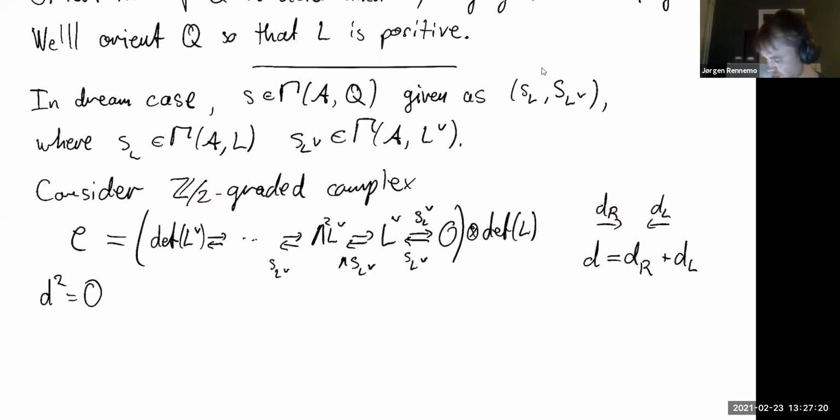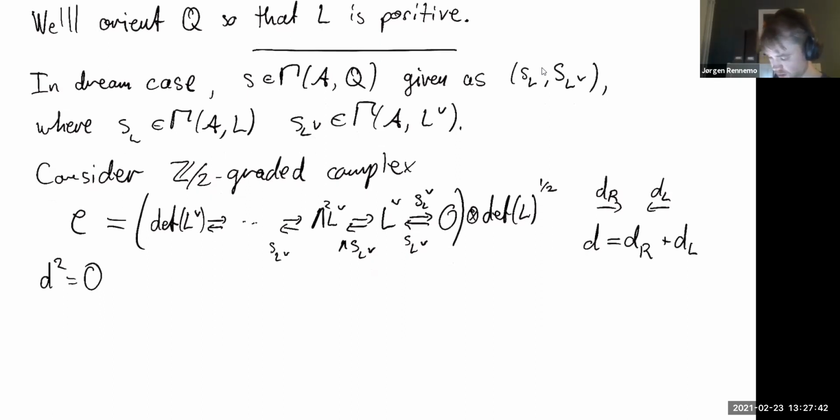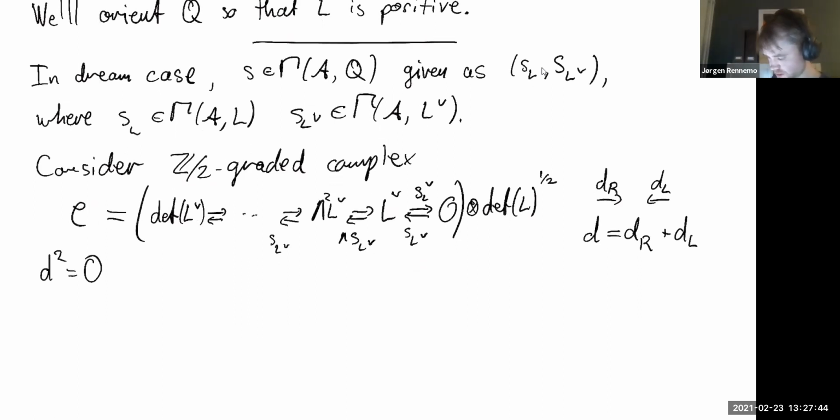So I want to take this and twist it by det L, some square root of det L. Okay, so from the data of this quadratic bundle, assuming you have a splitting and a section, I write down this complex. So this is now a complex of sheaves on A.